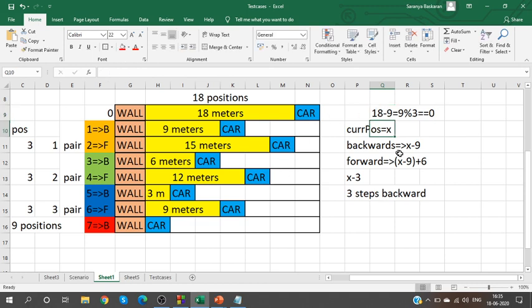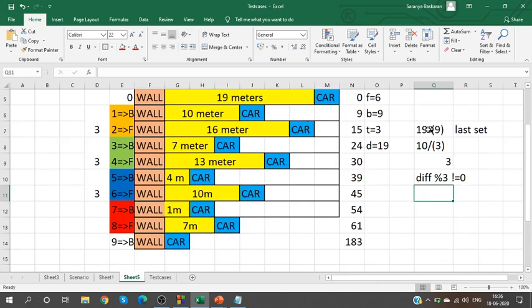Can you understand the difference? If the difference is divisible by 3, then you get the right number of pairs. If the difference is not divisible by 3, I will get 1 extra pair. Is that clear?